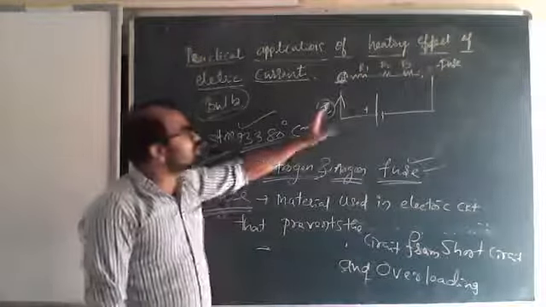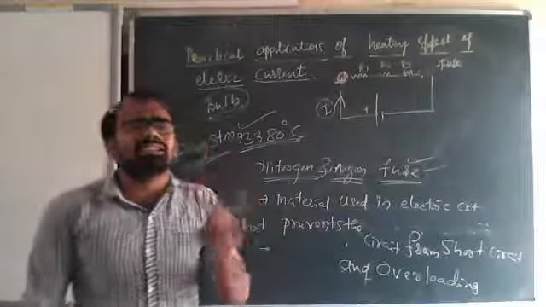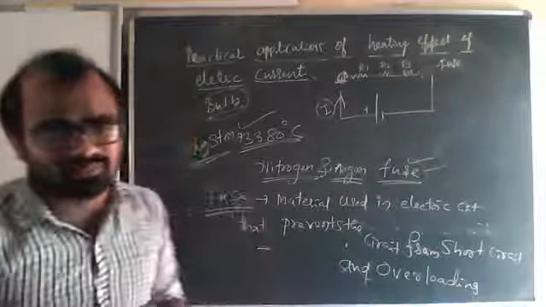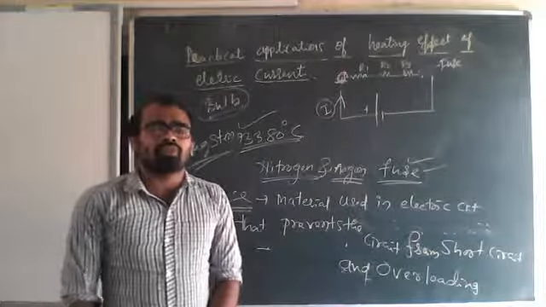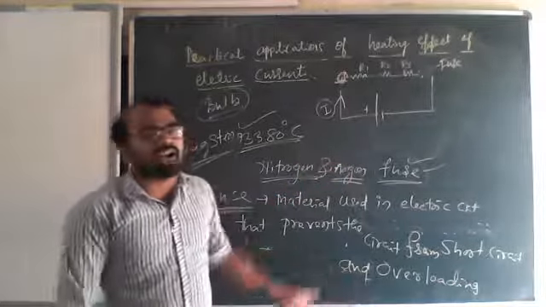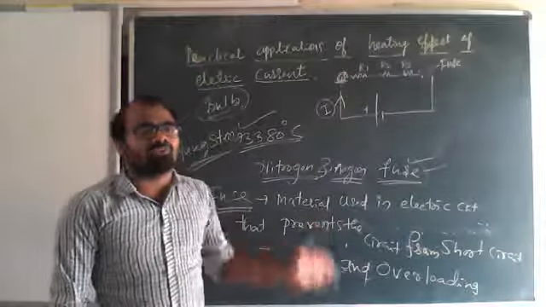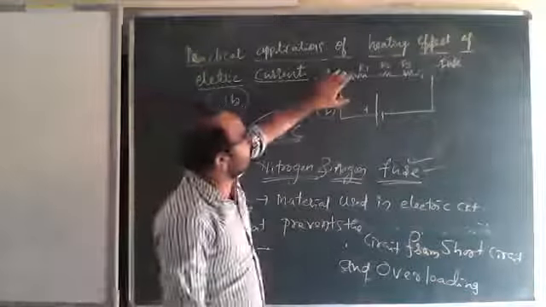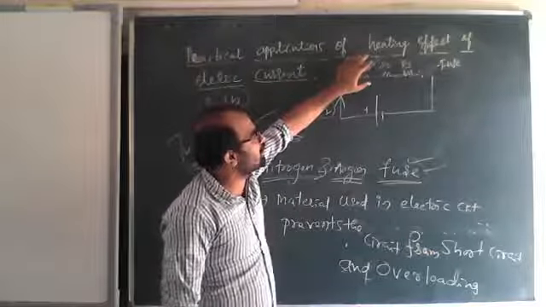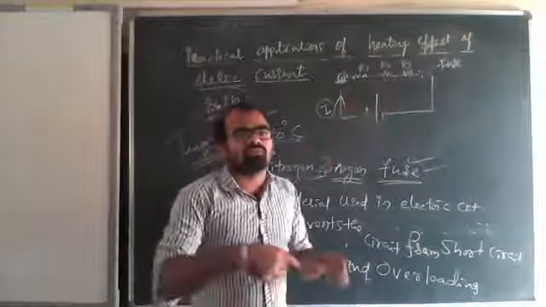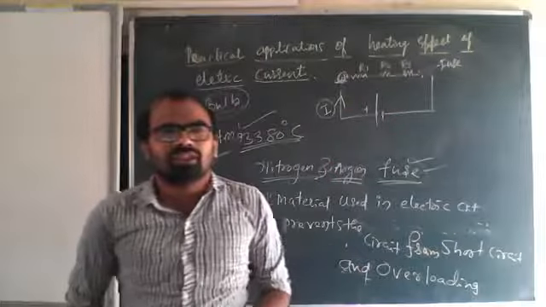Okay, a fuse is usually connected in series with the resistors. It is always connected in series with the resistors. Why? Because if it is connected in parallel, then current will flow again. If it is connected in parallel, it might prevent the flow of current through R1, but through R2 and R3 the current will split and flow. Isn't it?